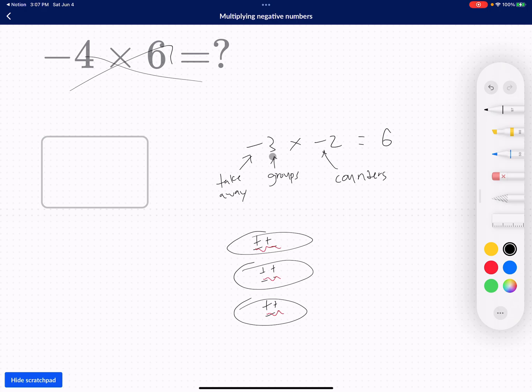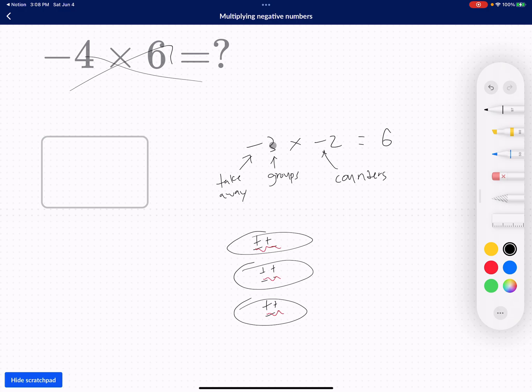Which means that here's a rule for multiplying negative numbers. When you multiply a negative by a negative, it's actually a positive. If you go ahead and do all of these procedures with the counters, you'll always see that every time, because you're taking away all the negative counters, you're always going to be left with positive counters.